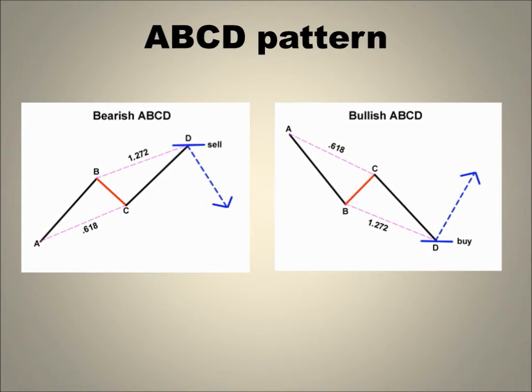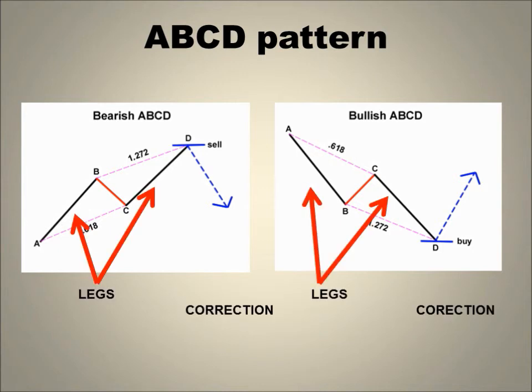So as we can see, in the corrective wave patterns, we have the legs. The legs represent the two waves that are going opposite of the trend. And that actually begins the correction mode.